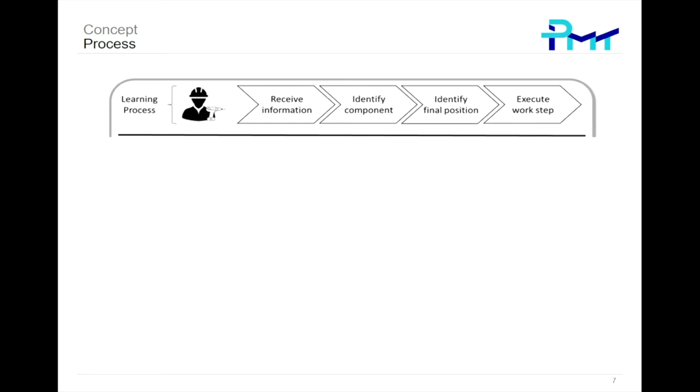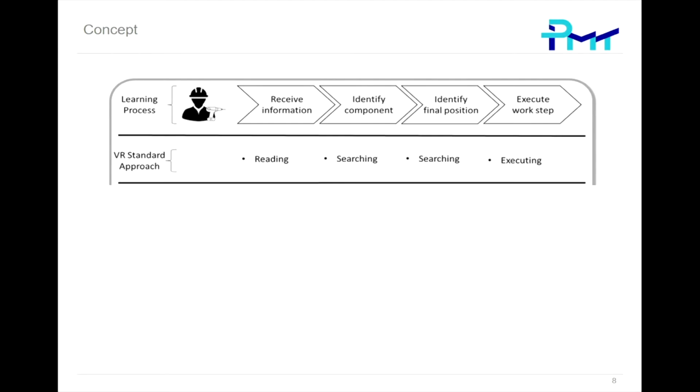Then he identifies the final position, and the last step is he executes it. So that is one sequence, and usually the training scenario is set up with multiple sequences that have to be memorized. So how is that implemented in a standard VR approach if you do not have any programmers available?